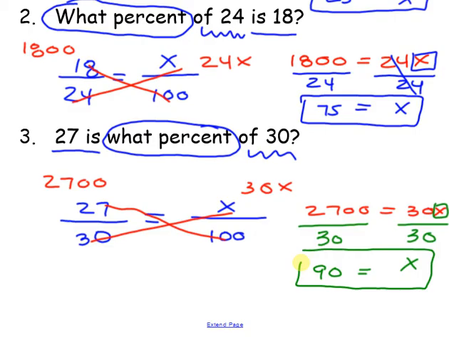All right, you should have gotten x equals 90. Think about it again in terms of a test. You get 27 questions right out of 30 questions, you have a 90%.